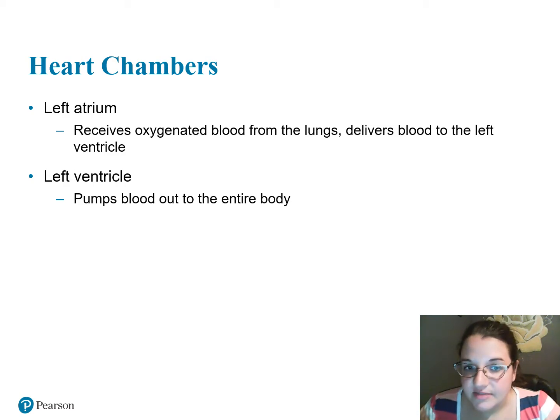So then we have your left side. Again, atrium up top, ventricles at the bottom. Our left atrium is going to receive oxygenated blood. So remember, your right atrium receives deoxygenated blood from the body, but my left atrium is going to receive oxygenated blood from my lungs. This delivers blood to your left ventricle.